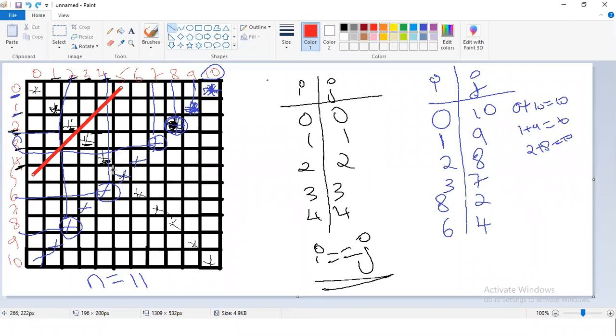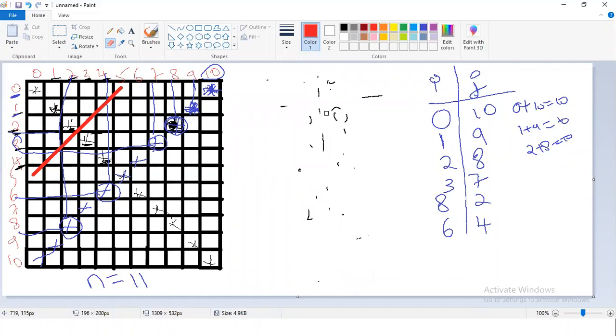If I have to draw that line, I have to use the i and j values here. What are the i and j values? That is what you have to see. We have to draw this line equation, because when we know more line equations, we can draw more neatly and however we want.